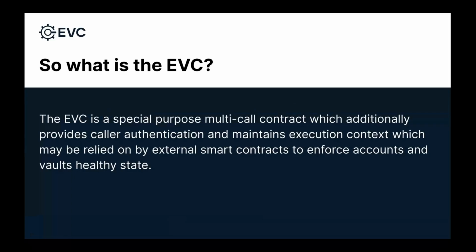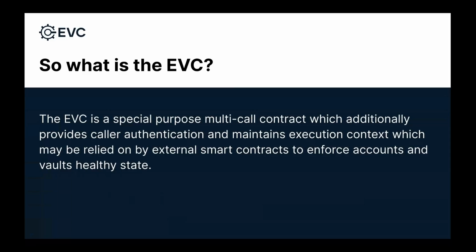Also, vaults may schedule account and vault status checks to be deferred and performed at the end of the batch of operations. Thanks to that, you can transiently violate the rules and then fix the situation before the checks are performed. So for example, you can flash loan, you can easily rebalance your positions, or you can set up a leveraged position easily thanks to that.